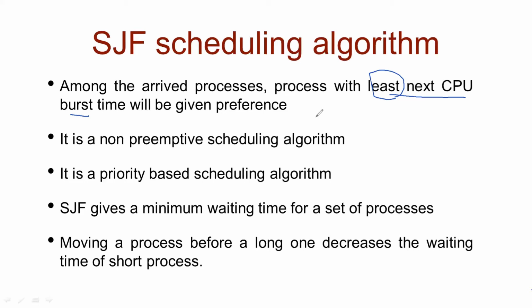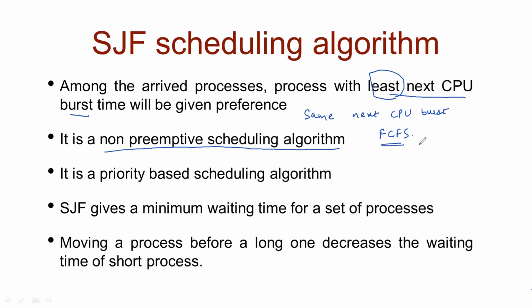If two processes have the same next CPU burst, then the tie is broken using FCFS.